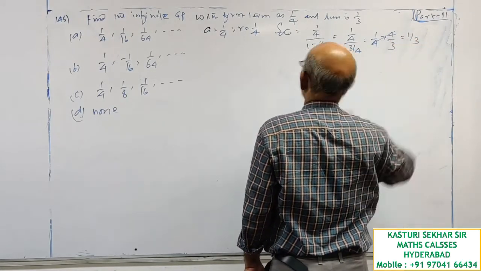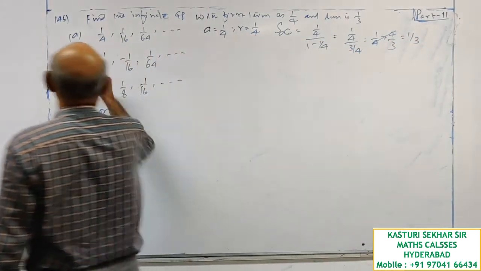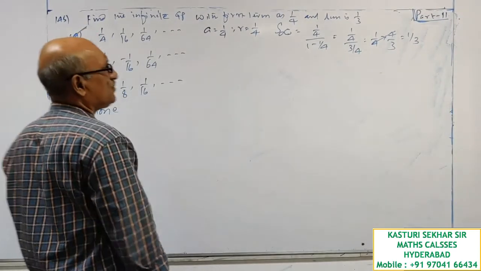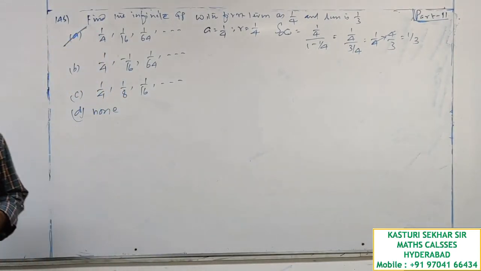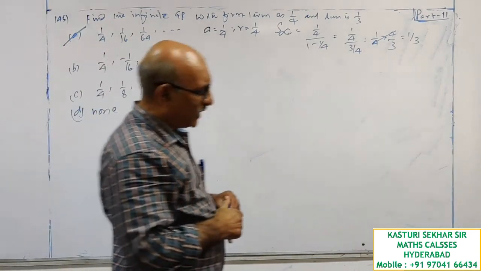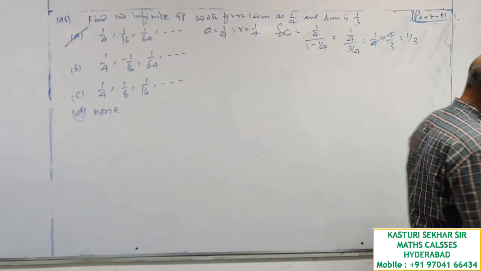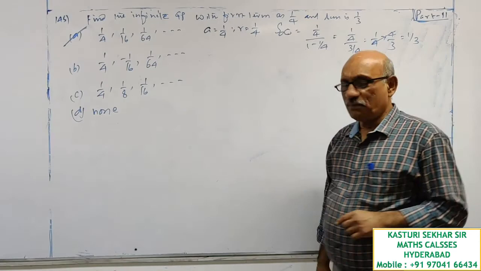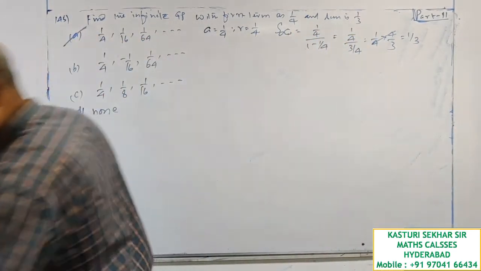This is 1 by 3. Option A satisfied the conditions which are given in the question. Therefore, option A is the answer.